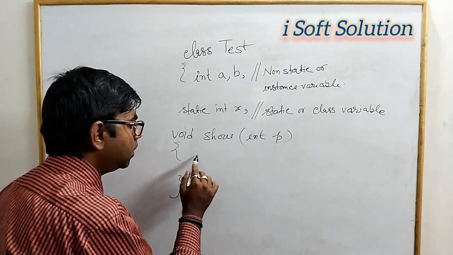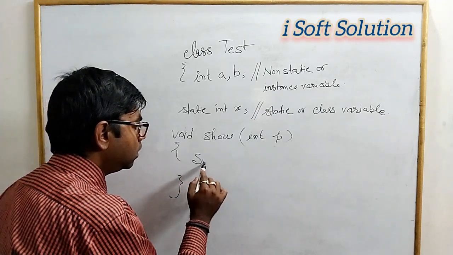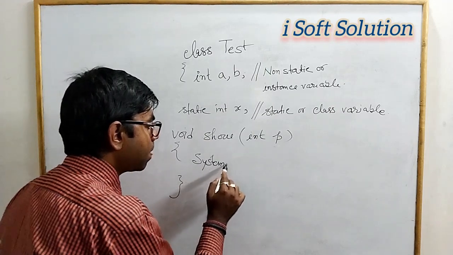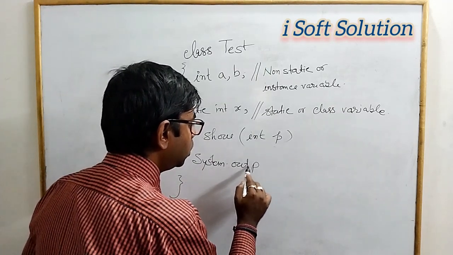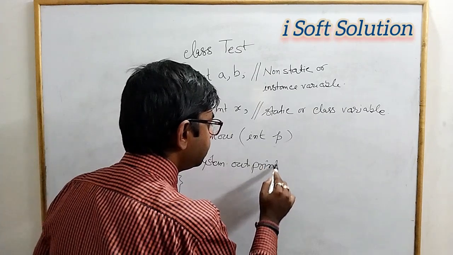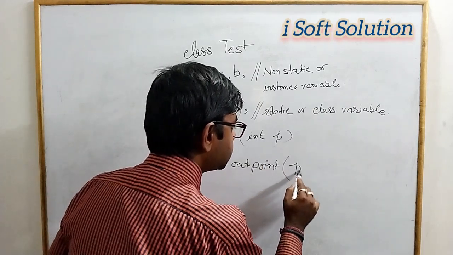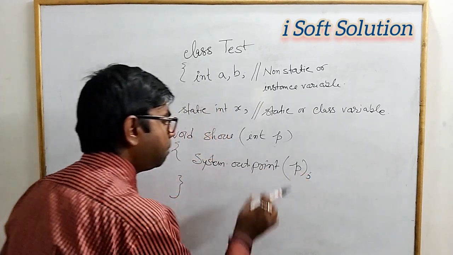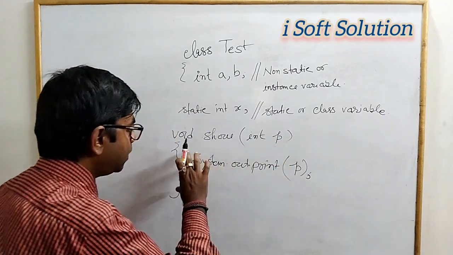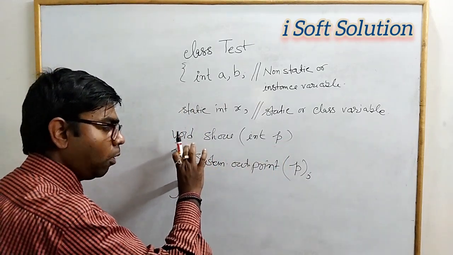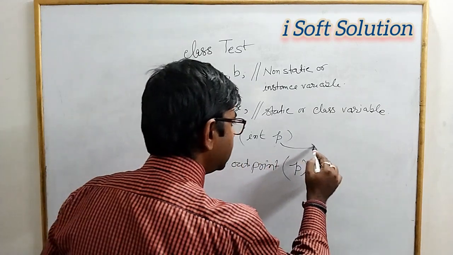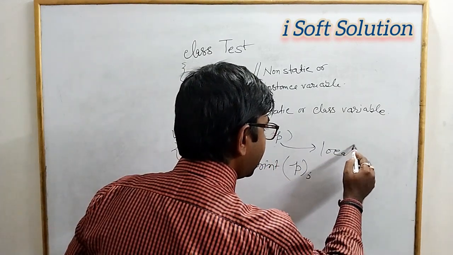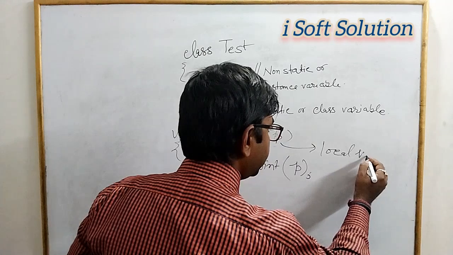So we can write system dot out dot print just p. So p is the variable which is only available within this method block. So p is known as local variable, local parameters variable.